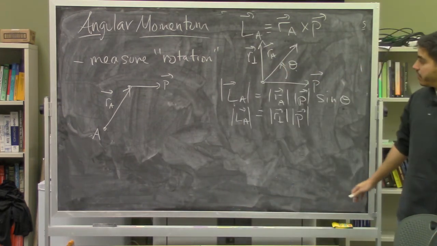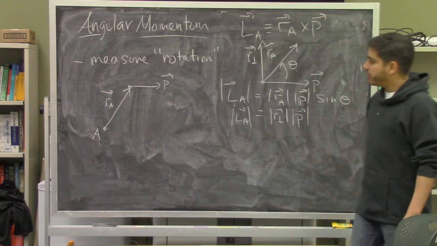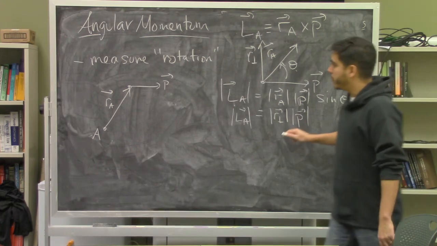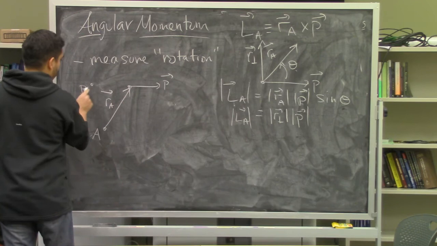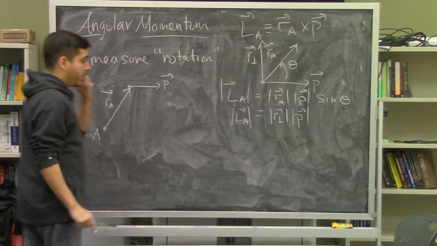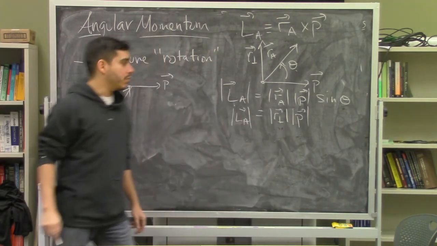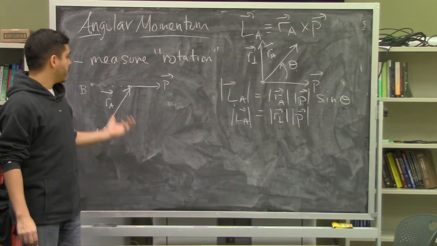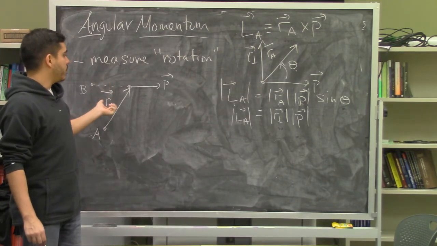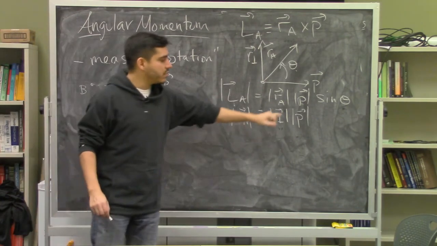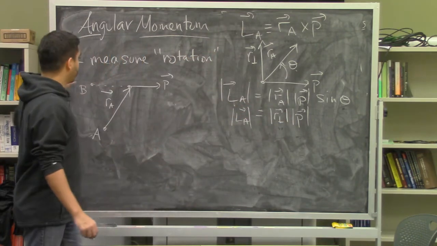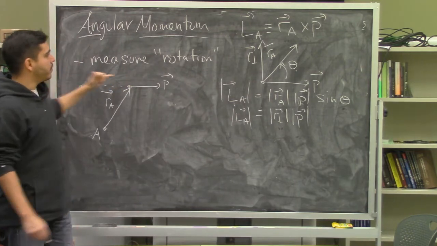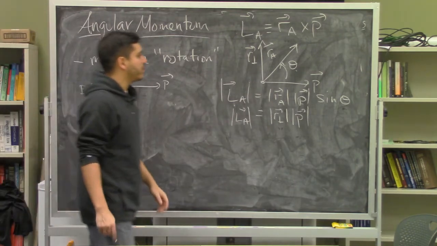Now you can see from here, again, if these things are along a line, so that you're looking at a location, we'll call it B, that is along this line, there is no such perpendicular component of the r vector. In fact, the angle theta is 0, and so the sine is going to be 0. So there is no magnitude of the angular momentum along the line that an object will travel. There is no angular momentum associated with that.